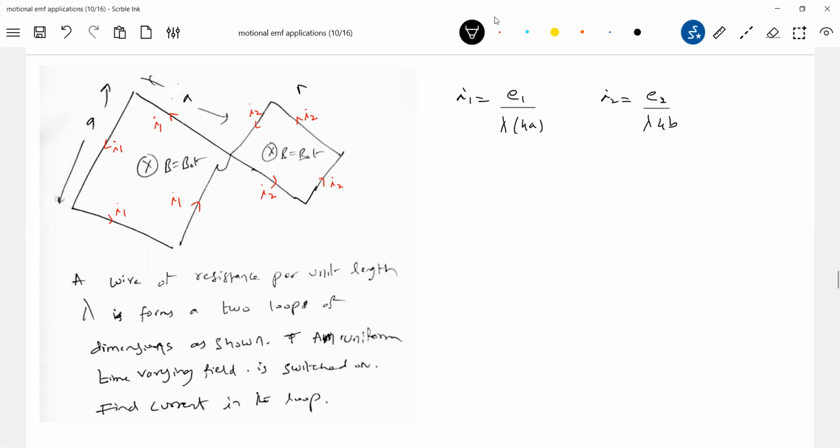The side lengths of the loops are A and B given. So resistance is 4 lambda A, and for the second, 4 lambda B. What is next? E1 should be equal to A square dB bar by dt.